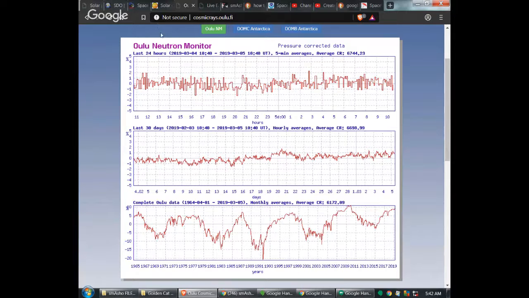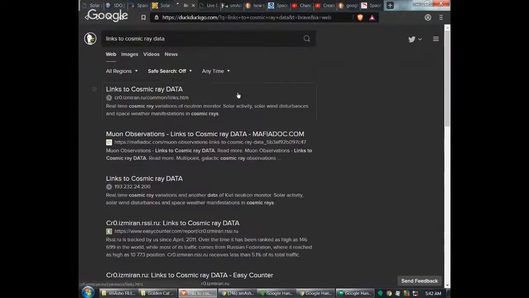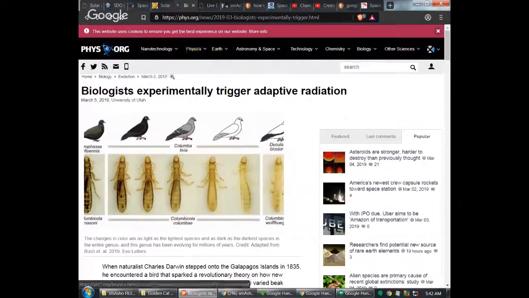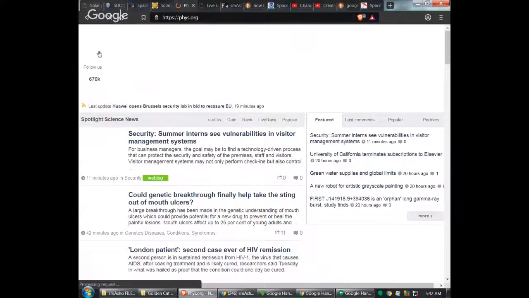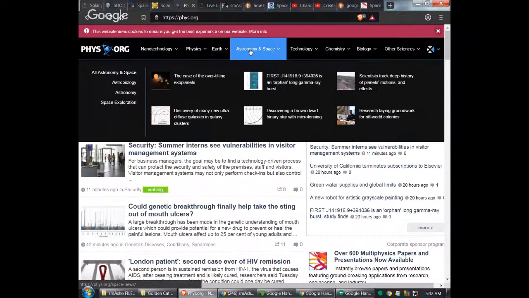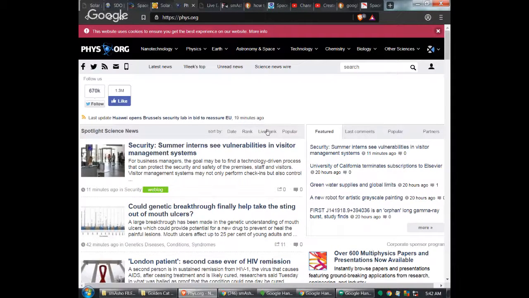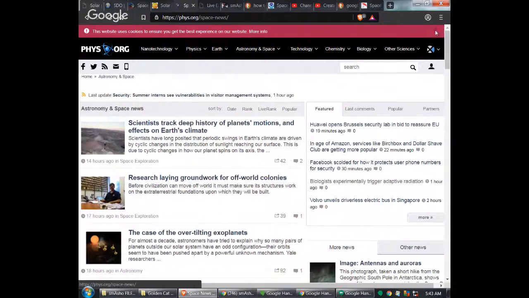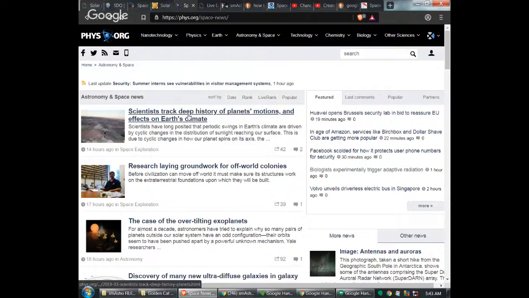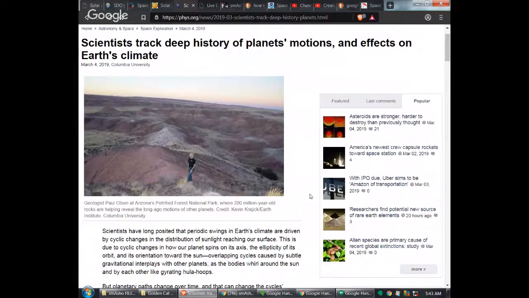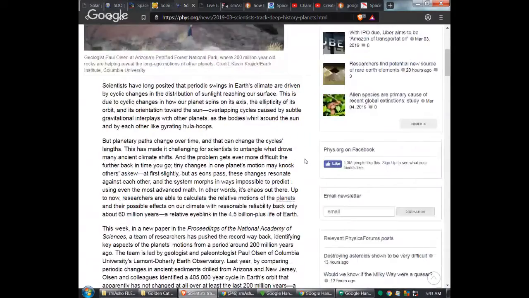Now, let's go back to phys.org for a minute here. Because we got another article about astronomy. Yes, okay, use cookies. We don't mind. Now, this is a super interesting one about large cycles. We're talking about 200 million year old cycles, 400 million year cycles.